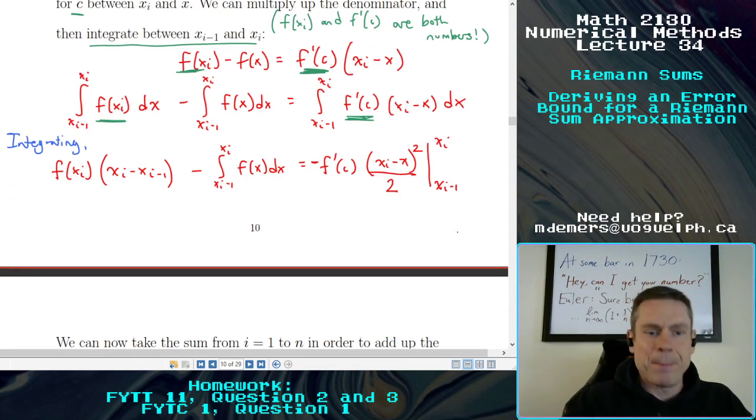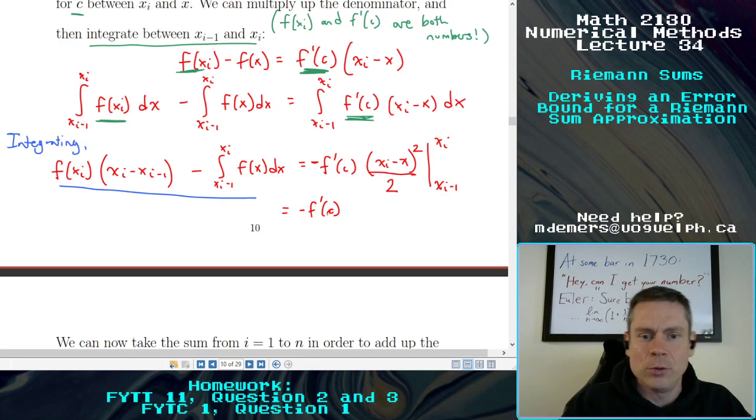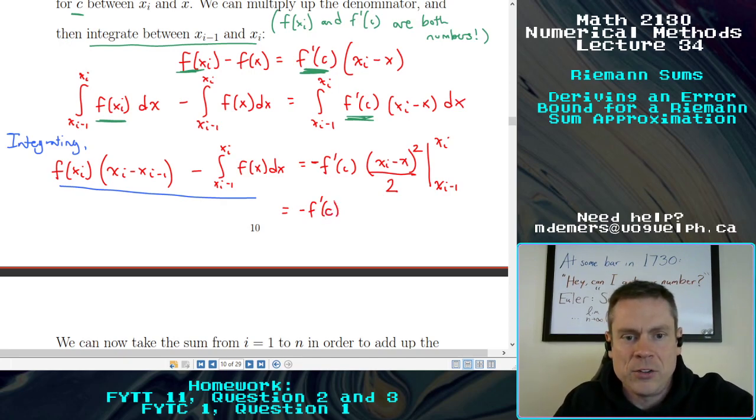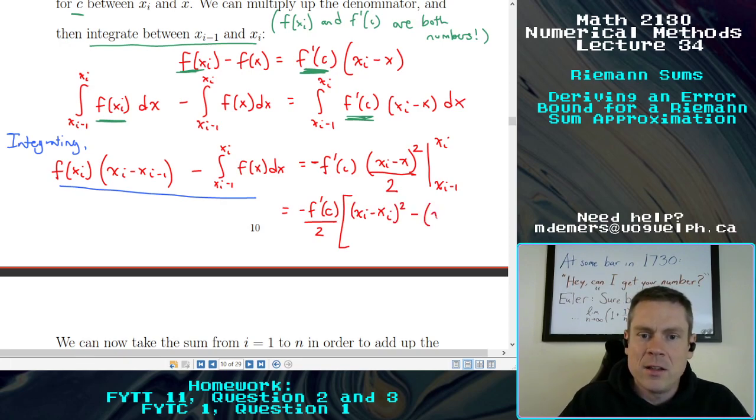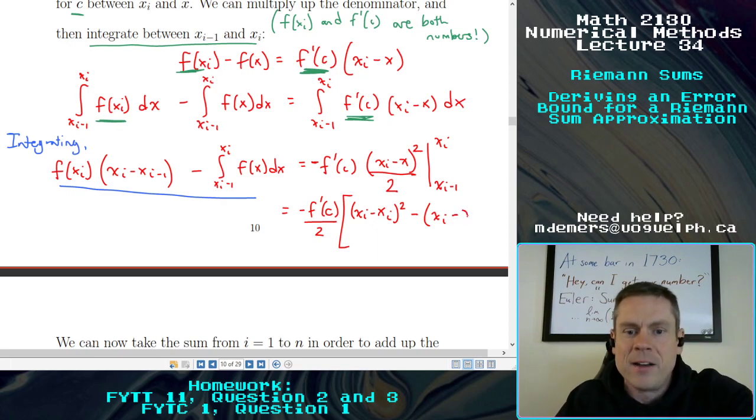Okay, we're going to clean up a little bit. The stuff on the left is good to go over here. This stuff is just fine. The stuff on the right, however, let's actually sub in. If you do, you get minus f prime of c. I'm going to steal that 2, write it right here. And if I actually unfold this thing, I'm going to get (x_i minus x_i) squared minus (x_i minus x_{i-1}) squared.